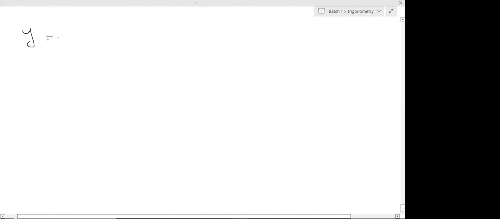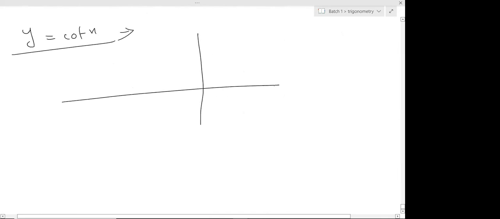Graph of cot x. In here you have to draw lines at pi intervals. This is 0, this is pi, this is 2 pi, and 3 pi, and so on.